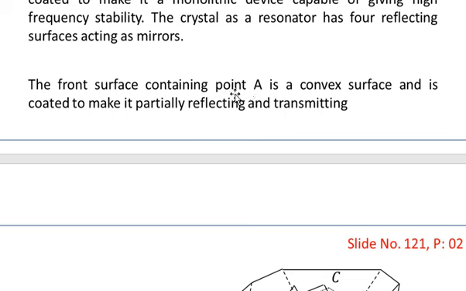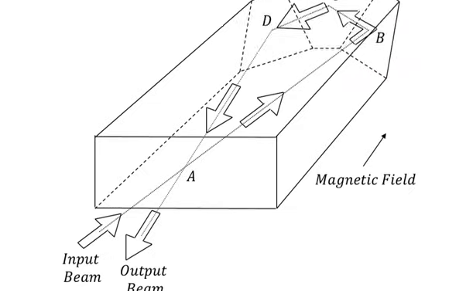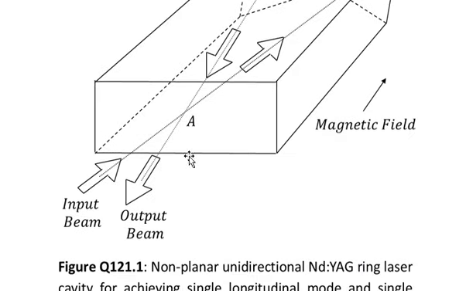The front surface containing point A is a convex surface and is coated to make it partially reflecting and partially transmitting, because the input beam is, for example, a beam coupled from a semiconductor laser which will enter into this cavity.